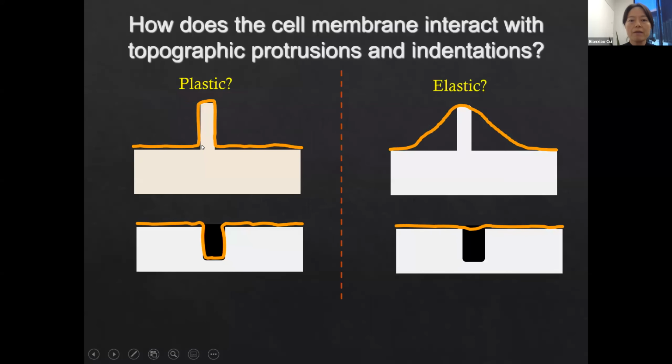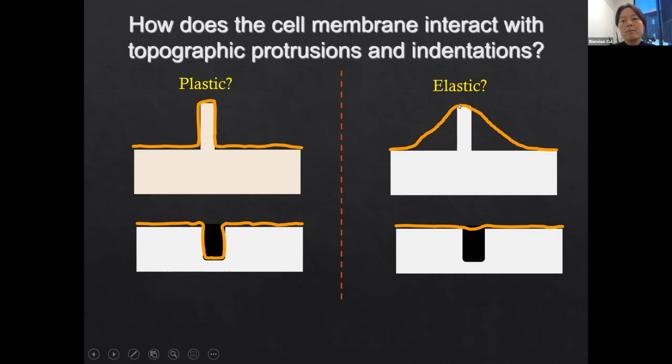For example, if you have a surface with protrusions, and a surface with indentations, when you grow cells on top of it, some people think the cell membrane is very plastic. That means it's easily deformed, and it could completely deform and adapt to wrap around the nanopillars and also grow into the nanoholes.